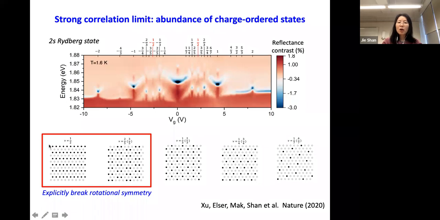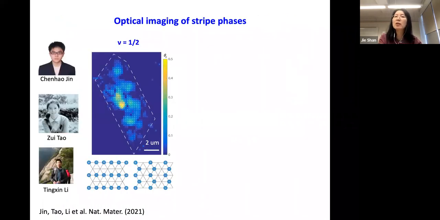But there are also other states, for example 1/2, 2/5, or 3/5. You can see that they break the rotational symmetry of the lattice, right? Especially this 1/2 state, where you have rows. Something like this can also be probed experimentally. We did a very sensitive optical polarization image measurement.